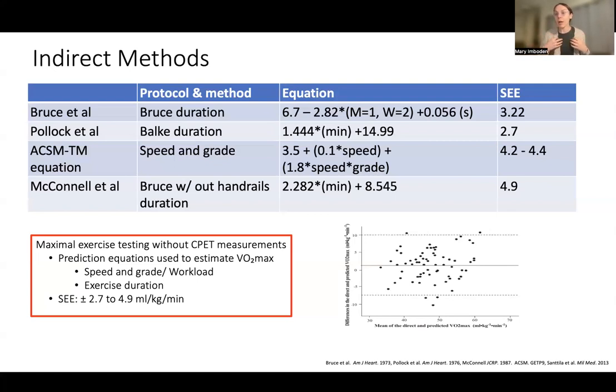So if we prescribe activity and we say you should be performing an activity at 4 METs, really for that person, if their max is 5, and they're off by 3.22, and 3.5 equals 1 MET, that could be a full, like, we're at our max versus we're at 80% of our max, right? So you just have to be careful with those errors in mind.